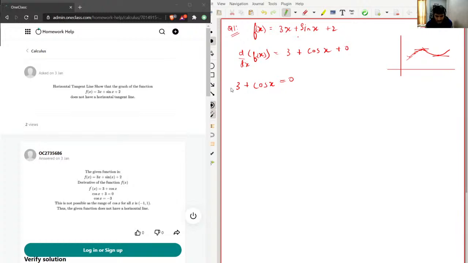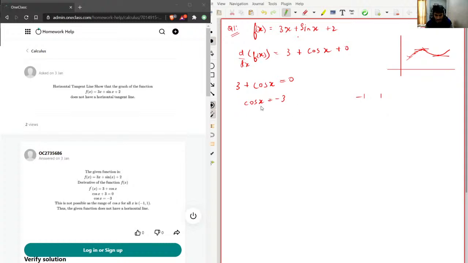If I subtract 3 from both sides, I'll get cos x equal to minus 3. Now the range of cosine is from -1 to 1. The minimum value of cosine can be -1 only, and the maximum value can be +1 only.